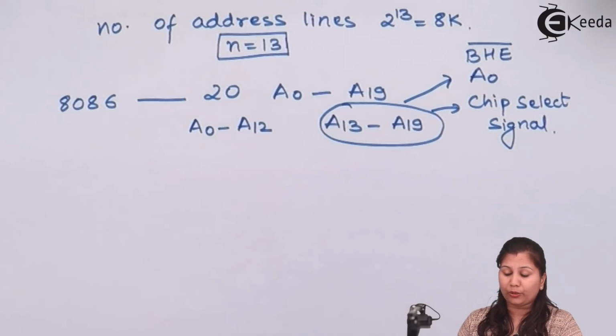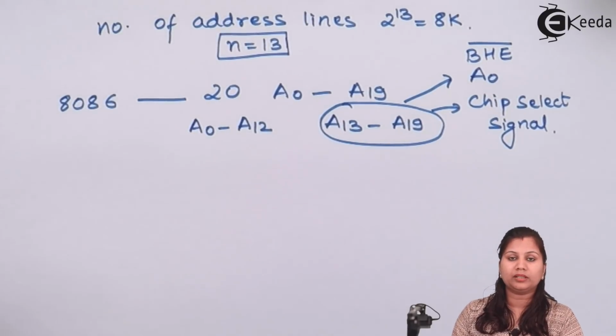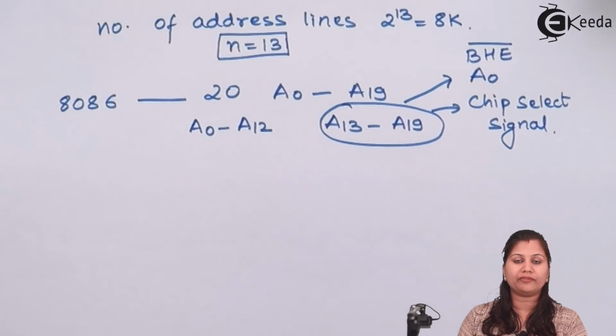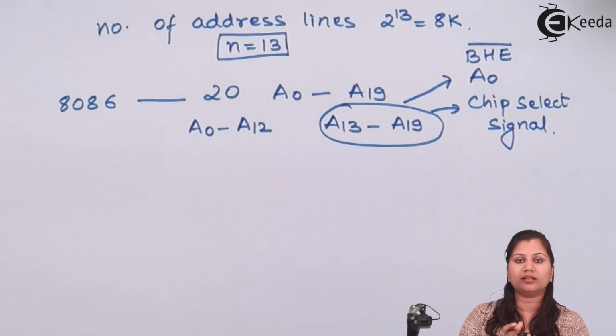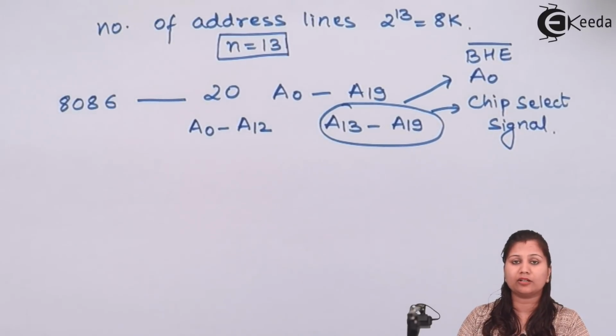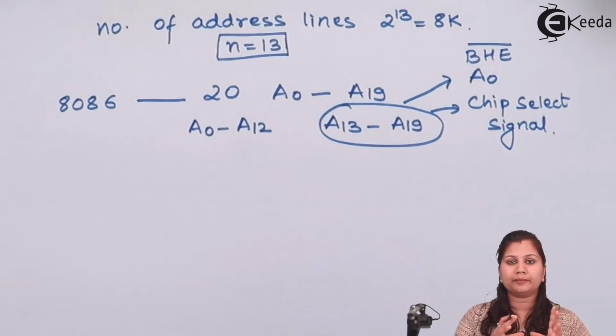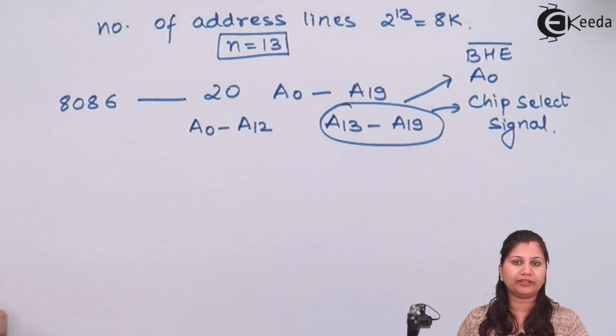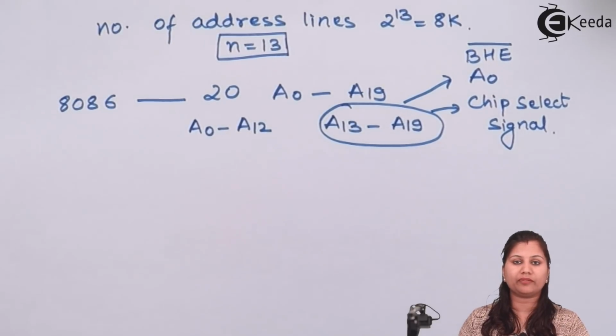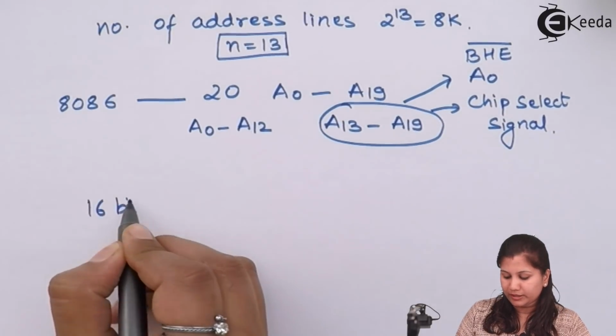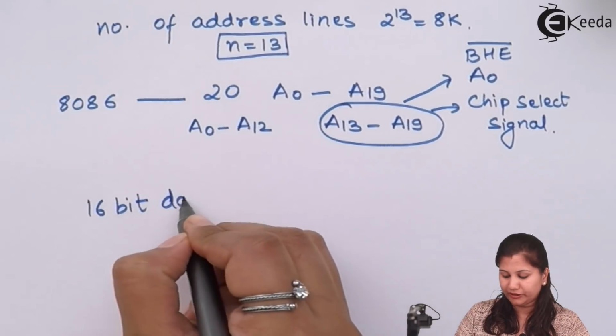Now when we have studied the steps or the procedure to interface the memory with the 8086 microprocessor, our first step is to arrange the available memory chips in such a way that we get a complete 16-bit data width.